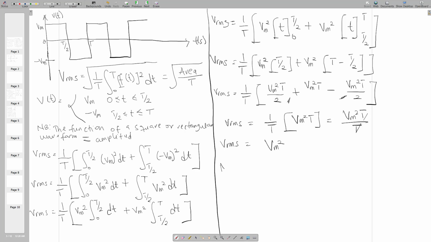And again, note, if you want just the area of a square wave which looks like this, you just multiply this Vm squared times the period of that cycle, and this should give you the area under the square waveform. But if you want the RMS value, that is where you square root the Vm squared, and your final answer will be just Vm, like that.